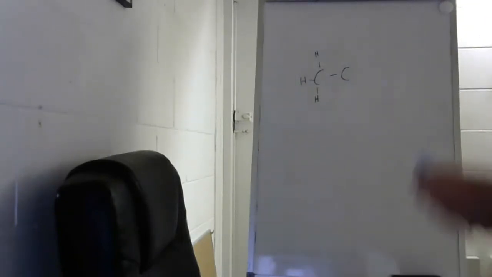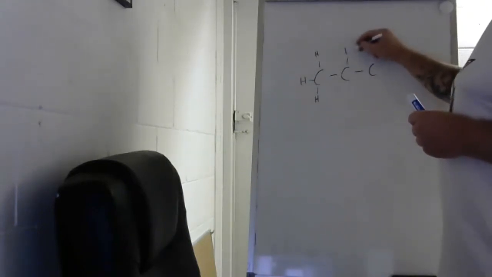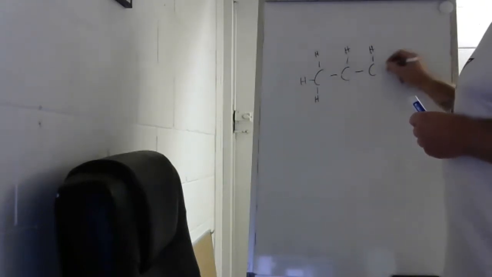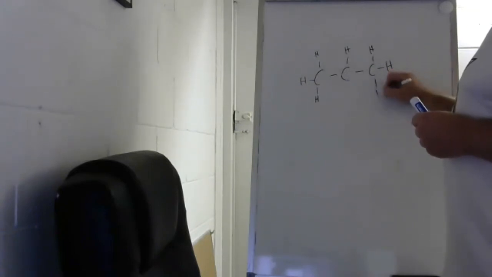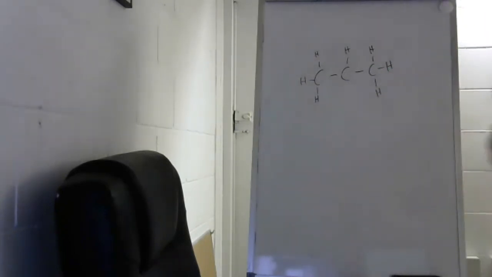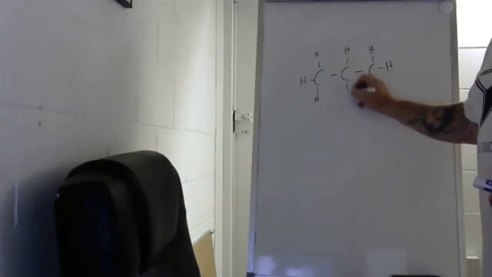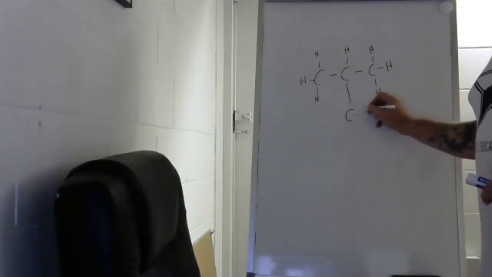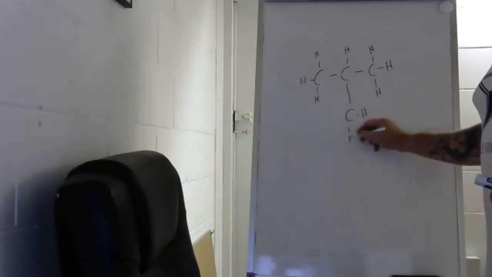Organic molecules are not always what we call straight chains. This is an alkane, it's in a straight line, it's very boring. In some cases, we get a little rogue carbon chain coming off it.